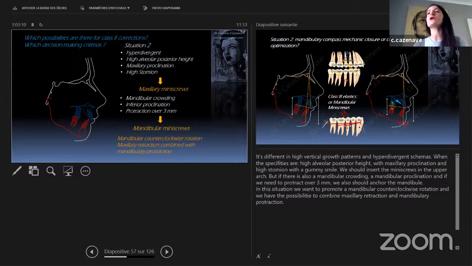But if there is also mandibular crowding, a mandibular proconation, and if we need to protract over 3 millimeters, we also should anchor the mandible. In this situation, we want to promote mandibular counterclockwise rotation, and we have the possibility to combine maxillary retraction and mandibular protraction.